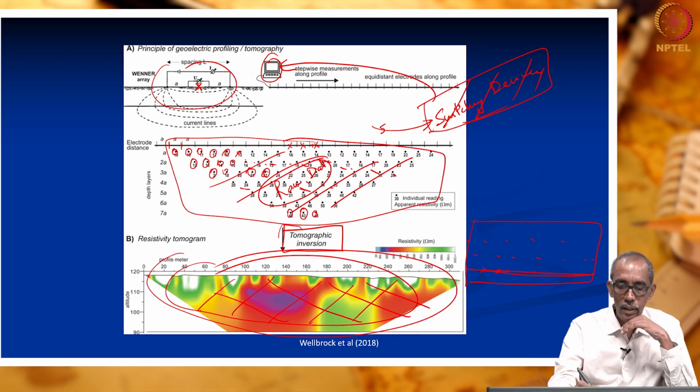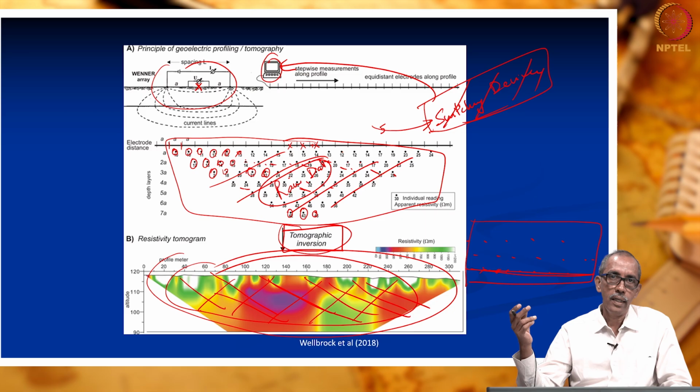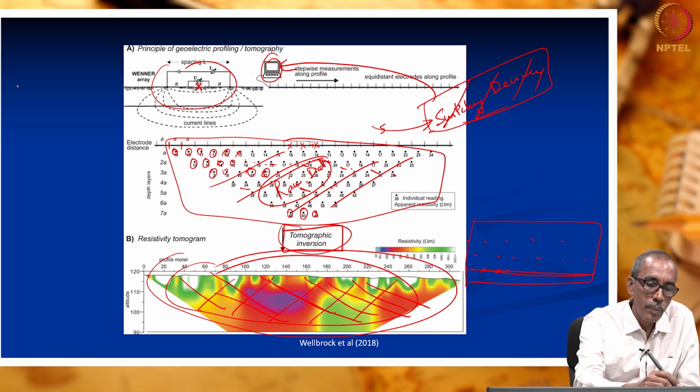So, after inversion is done, we get the true resistivity cross section of the subsurface. This method of carrying out the survey in the field is known as 3D. A couple of classes before, we had seen electrical profiling and vertical electrical sounding.